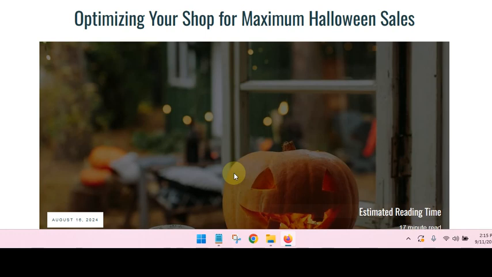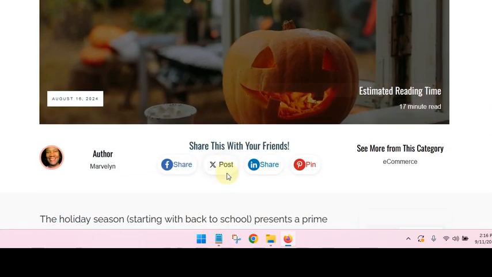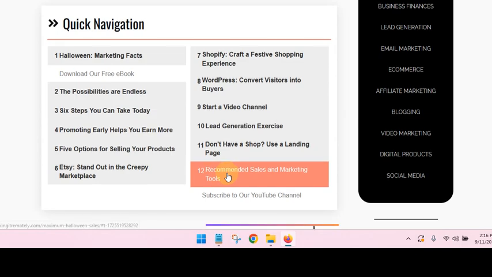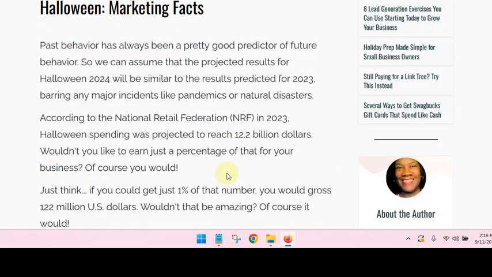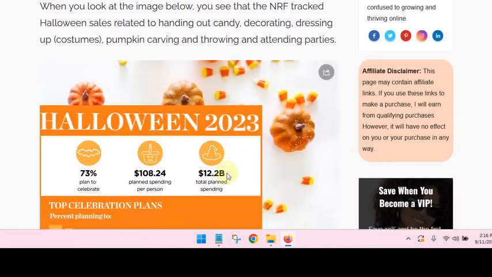So this is an article that is focused on helping you to optimize your shop. So hopefully you have some kind of shop or blog or something that you can use to sell products during the Halloween season. So we're going to be looking at some marketing facts.